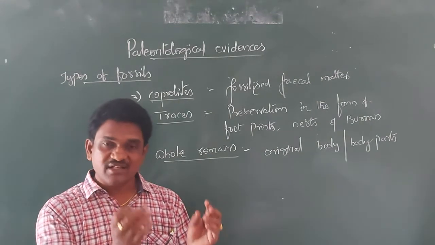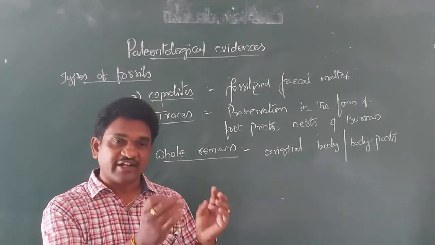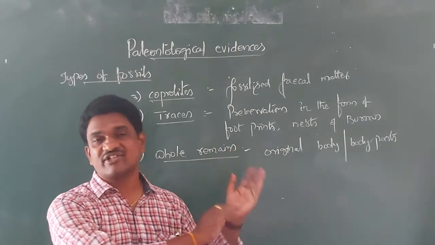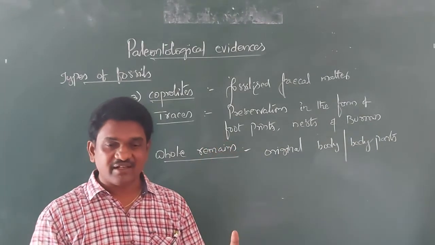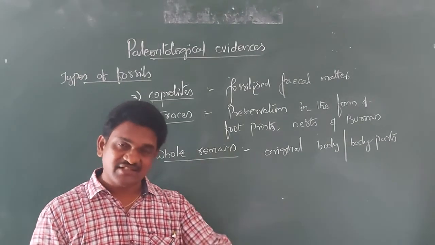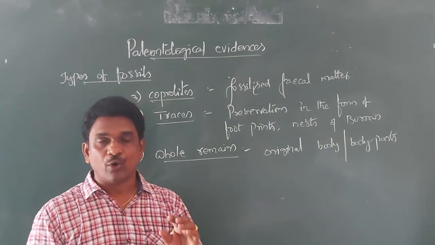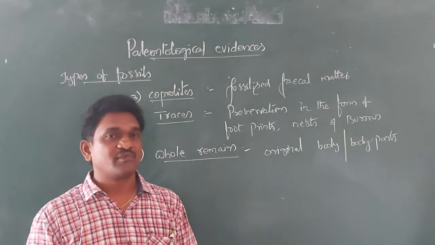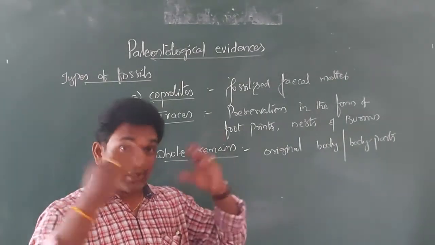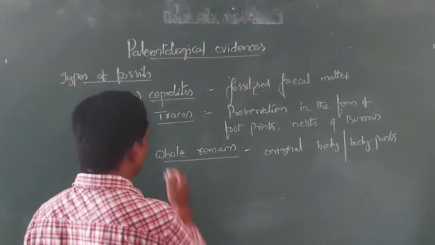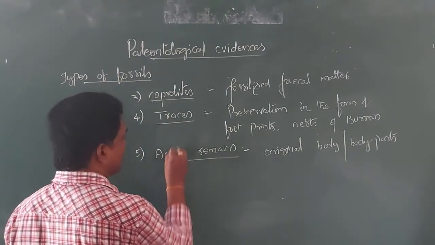So they are original parts of the dinosaurs that became extinct in the past. If in an extinct organism any part remained as it is, that is considered whole actual remains. Yes, there are many whole actual remains. Some remains are as a whole organism. You can say actual remains.